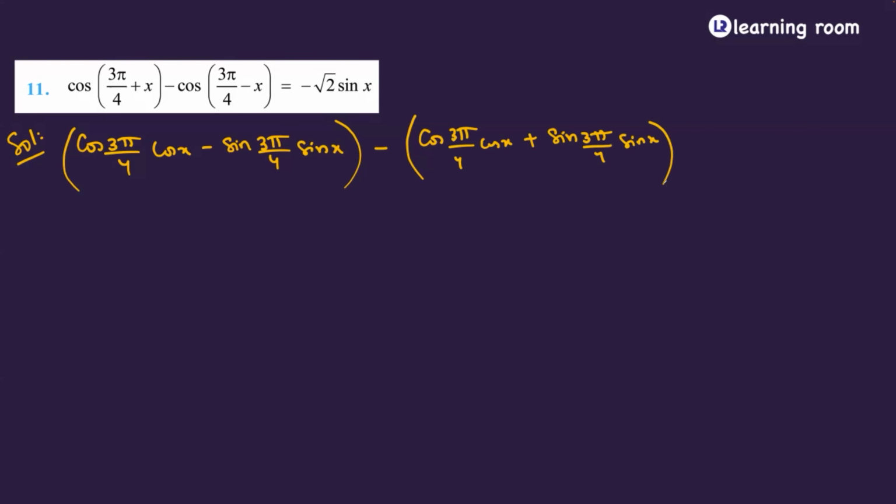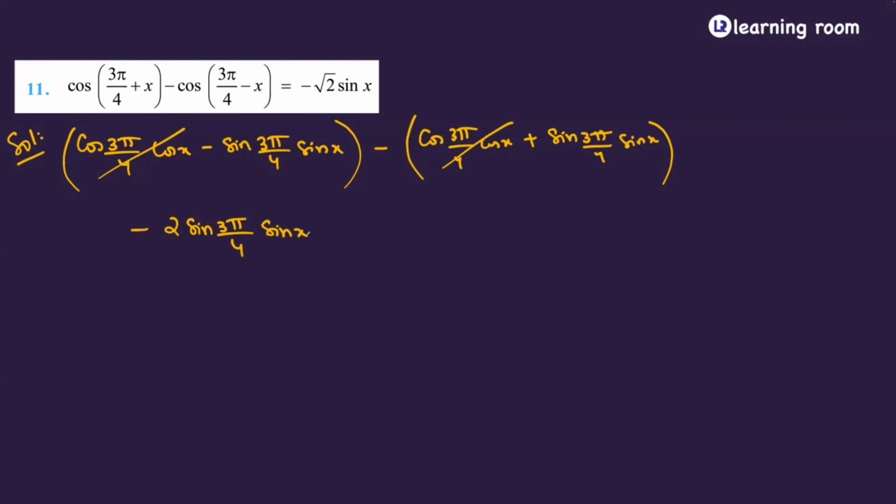So if you observe, cos 3 pi by 4 into cos x and cos 3 pi by 4 into cos x have opposite signs. They get cancelled out. So you're left with minus 2 times sin 3 pi by 4 into sin x.